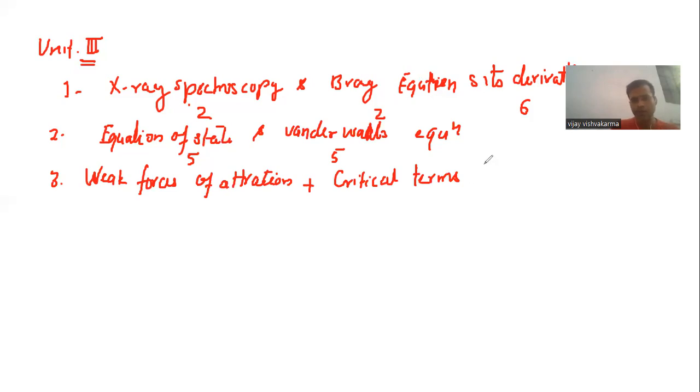And critical terms: critical temperature, critical volume, and critical pressure. I think the weightage is 6, and if they ask two critical terms, then their weightage will be 4. Question number 4.